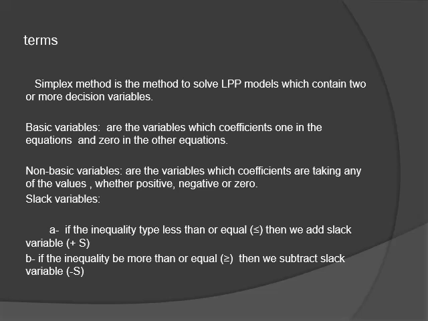The function of slack variable is to convert inequality to equation. Easier to add S or to subtract it. We add S, slack variable, when the inequality is less or equal. We subtract S when the inequality is more or equal.